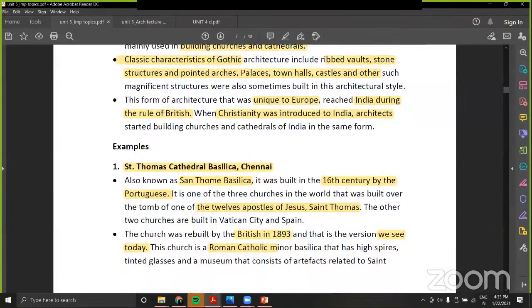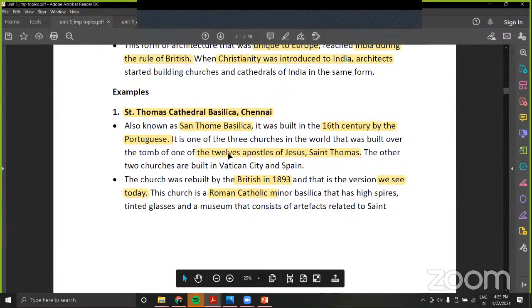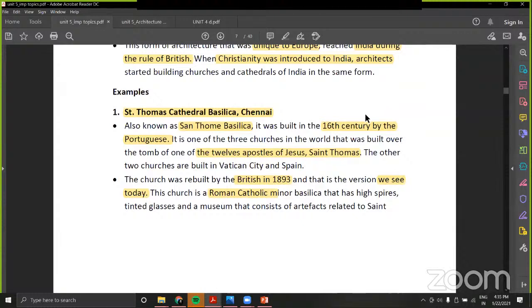For example, St. Thomas Cathedral Basilica in Chennai, also known as San Thome Basilica. It was built in the 16th century by the Portuguese. It was one of the 3 churches in the world built over the tomb of one of the 12 apostles, as you all know. Saint Thomas is a disciple of Jesus.